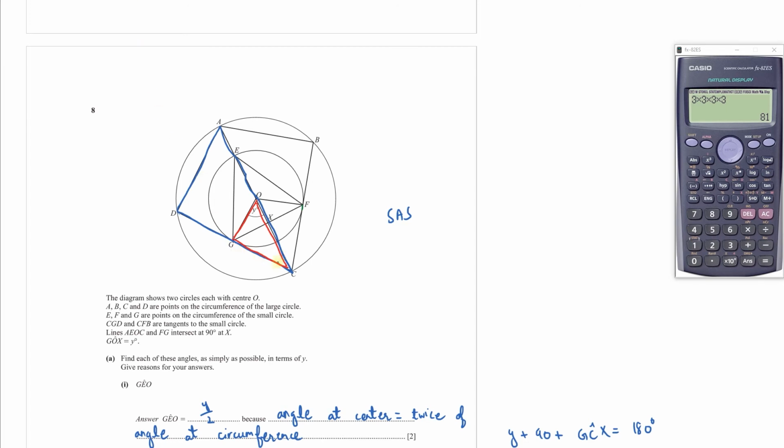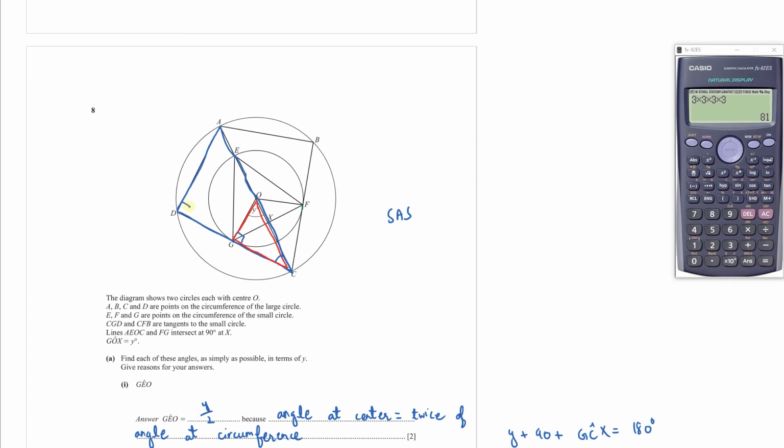So straight away we can see that this is the common angle. So angle GCO and DCA is the same. And then we can see that this is a 90-degree angle. Why? Because this is the tangent and this is the radius. So the angle between radius and tangent is 90 degrees.